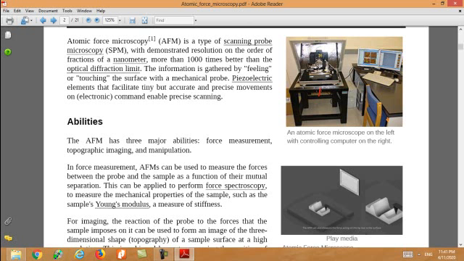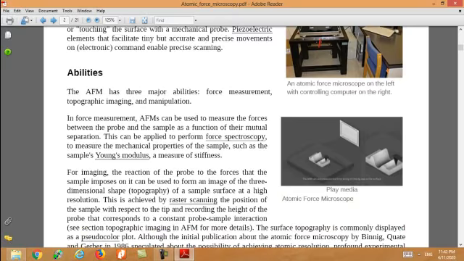The probe tip is attached to a cantilever, which is operated by the AFM machine. The probe tip is used to perform force spectroscopy to measure the mechanical properties of the sample, such as Young's modulus and the stiffness of the material.